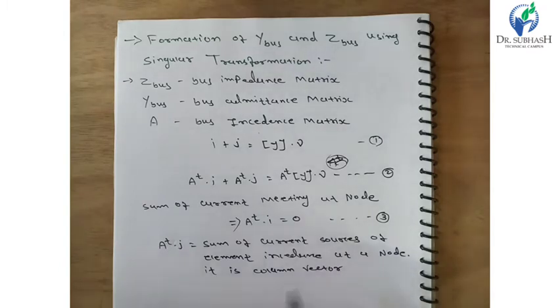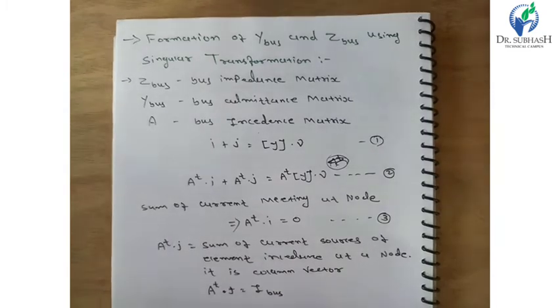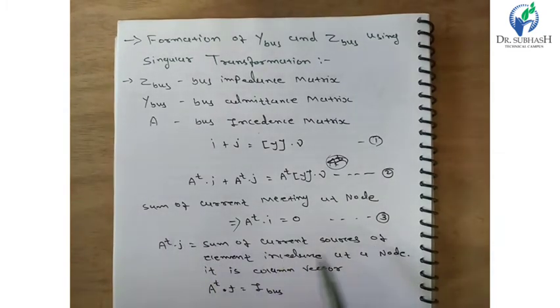For the column vector, we know that the value is A^T J is equal to I bus. For the column vector, there is a sum of the current sources and element incidence at a node.